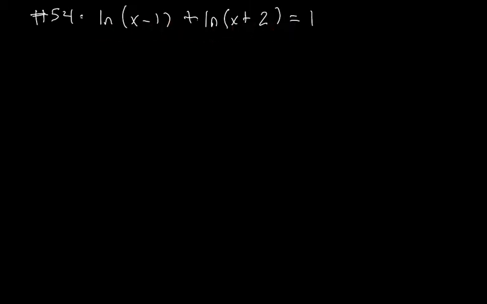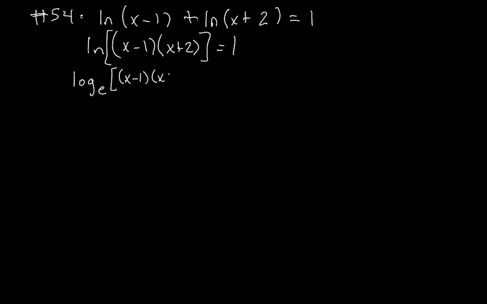We have 2 logs, so we can use the product rule here to combine them into a single log. And instead of writing it as the natural log, we're going to write it as the log of base e, just so that converting to exponential form will be a little more straightforward. So again, remember log base a of x equals y if and only if a to the y equals x.